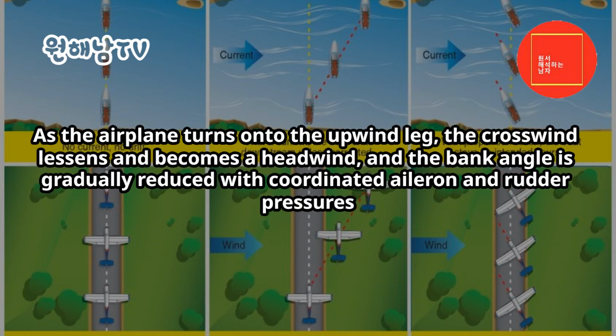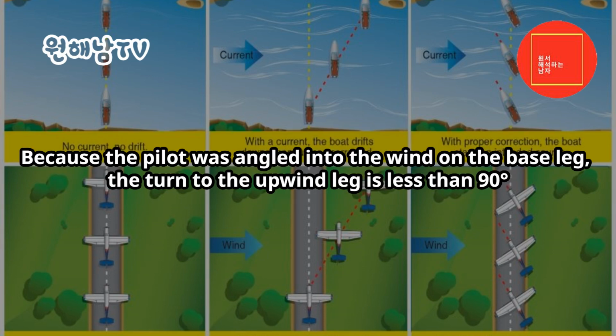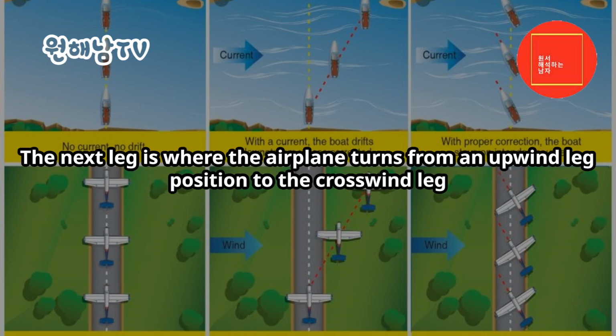As the airplane turns onto the upwind leg, the crosswind lessens and becomes a headwind, and the bank angle is gradually reduced with coordinated aileron and rudder pressures. Because the pilot was angled into the wind on the base leg, the turn to the upwind leg is less than 90 degrees.